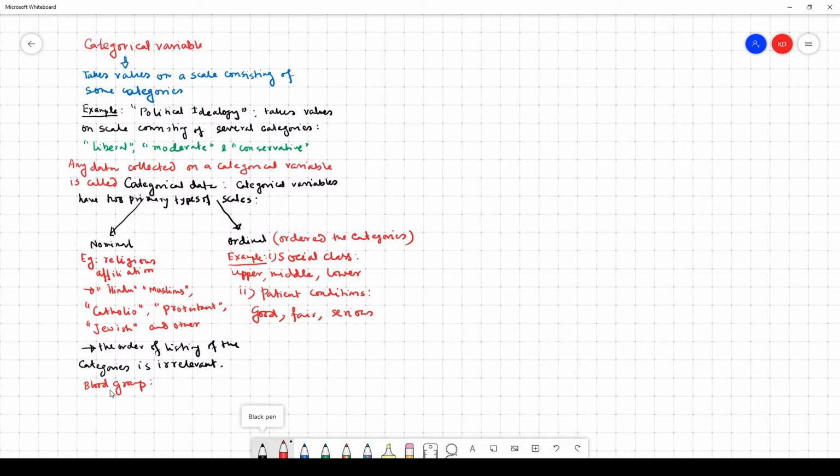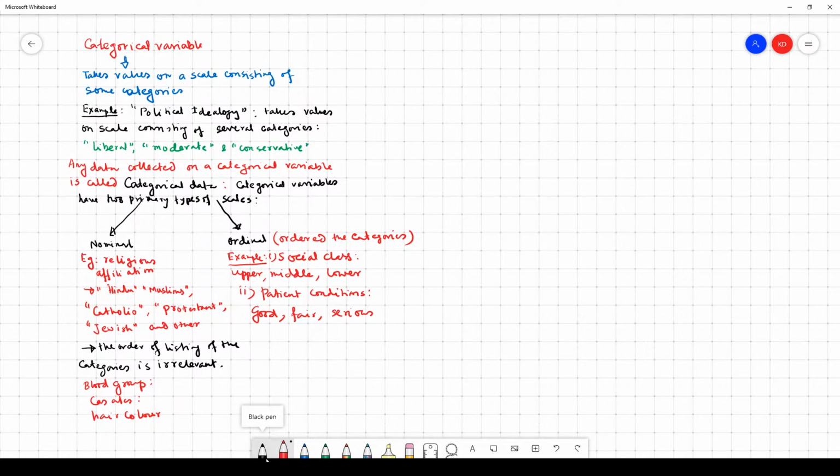Caste is similar to religious affiliation, but yes, you may consider caste also. Hair color is also a nominal variable. So these are nominal.